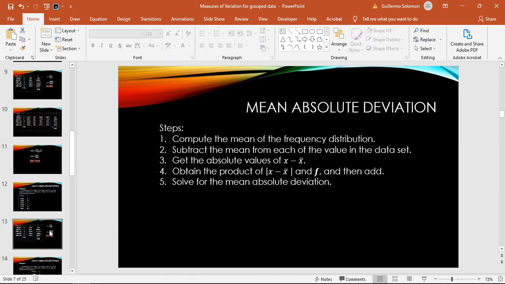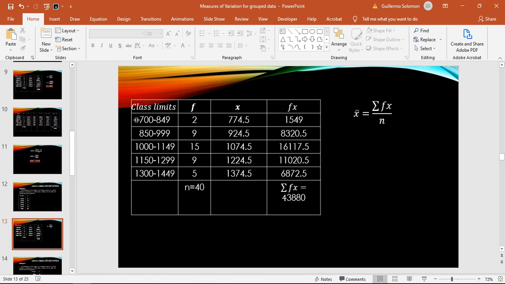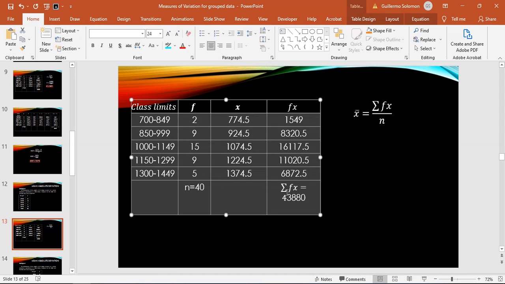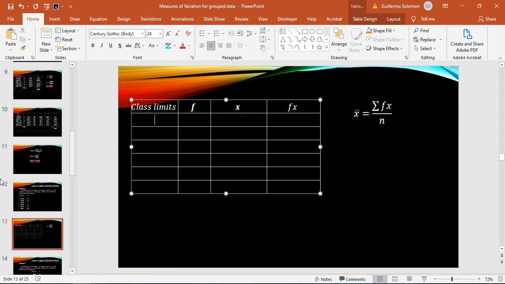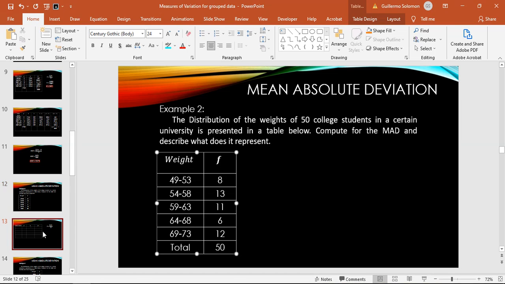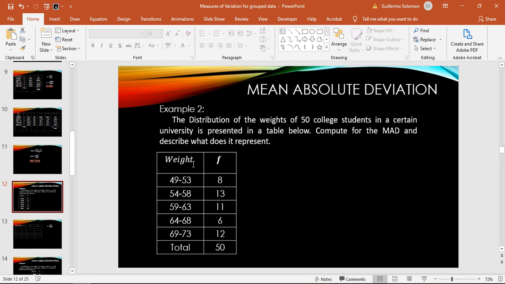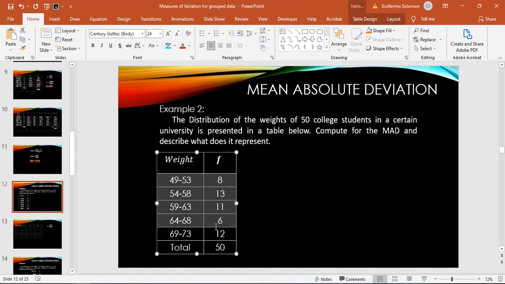Okay? Kukompute lang natin yung mean. So, delete ko lang to kasi hindi ito yung gagamitin natin. Okay. Compute yung mean. So, meron tayong 1, 2, 3, 4, 5, 5. Okay, sakto lang siya. Okay, copy lang natin.